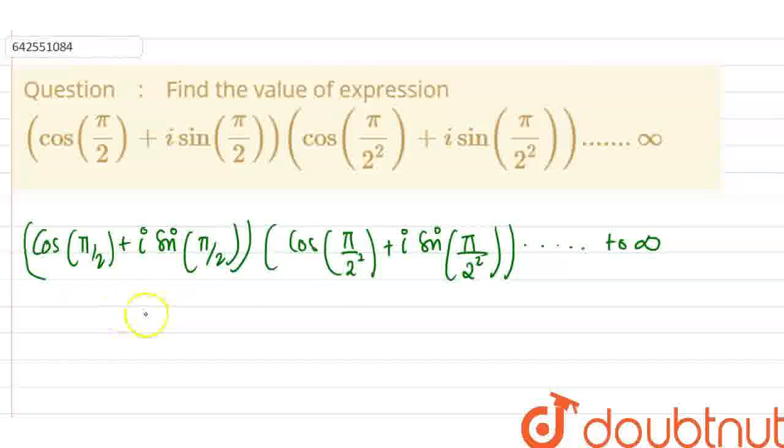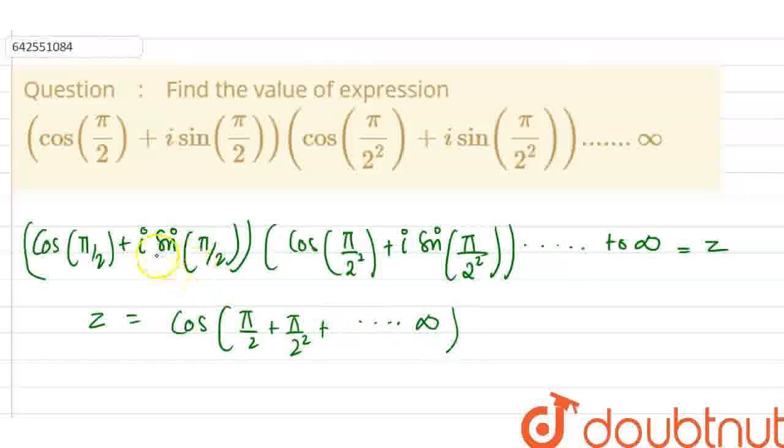So consider this whole term equal to z. So now z is equal to cos of (pi/2 + pi/2^2 + so on up to infinity). We are considering cos separately and sine separately.